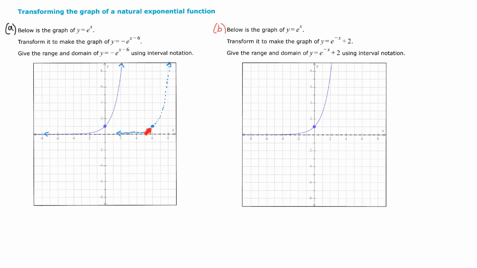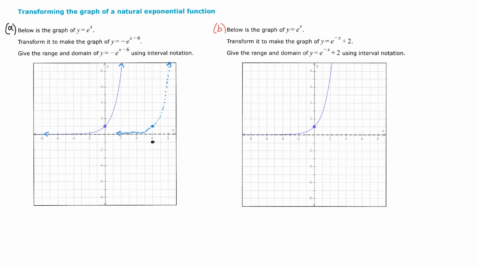This was a positive y value, and now it says take its opposite. So it's going to reflect down here. I'm going to plot an ordered pair at 6, negative 1.